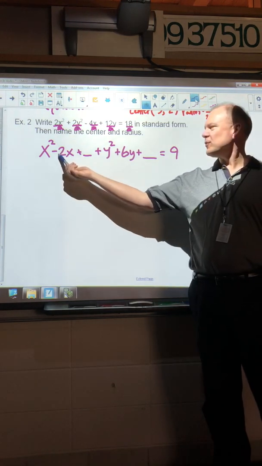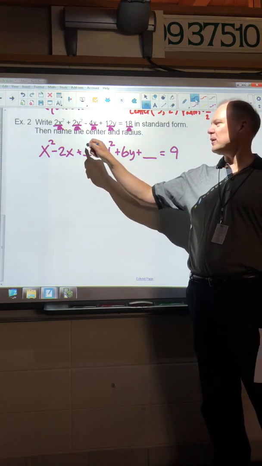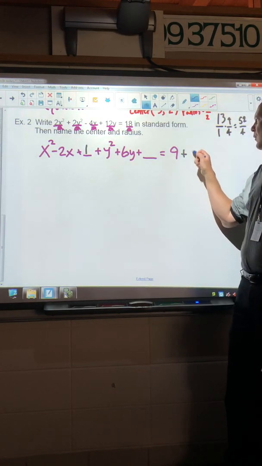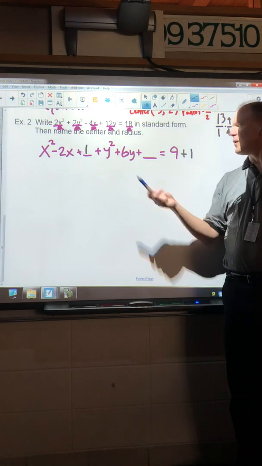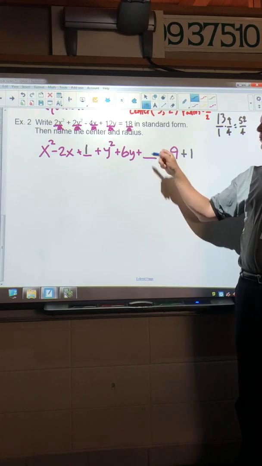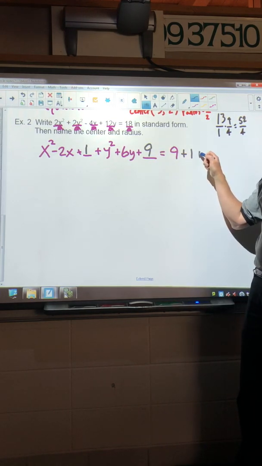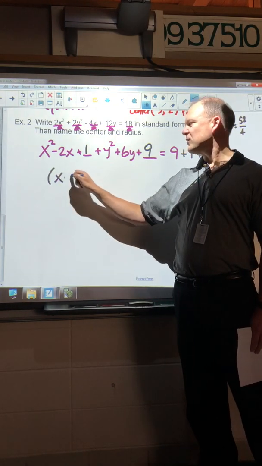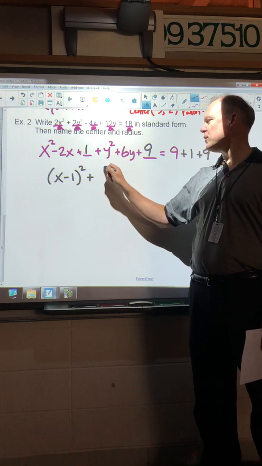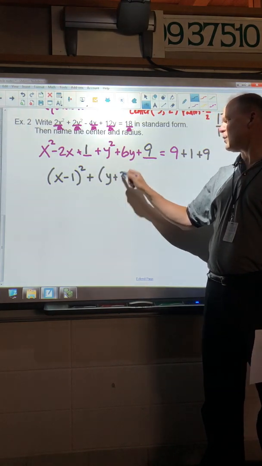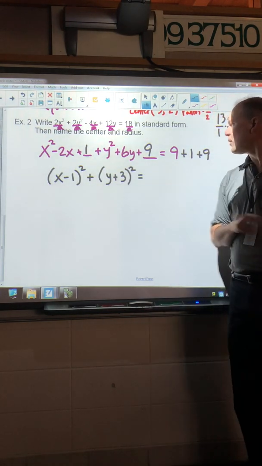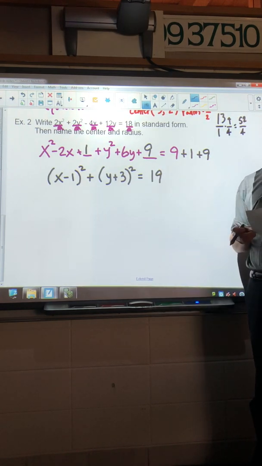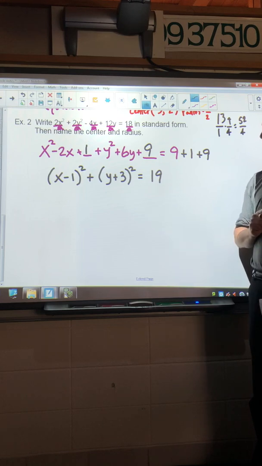Okay, half of the b values, square it, would be -1 squared is 1. Add 1 to both sides. Half of 6 is 3, 3 squared is 9, add 9 to both sides. X minus 1 squared, y plus 3 squared. And we'll get 10 plus 9 is 19.